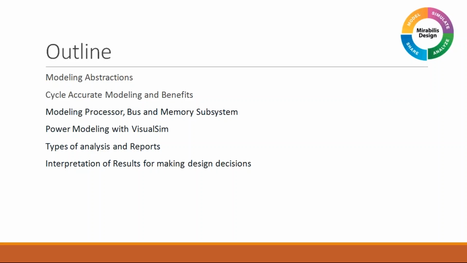For example, trying to understand what is the power consumption of my proposed system architecture. How can I reduce the power consumption? What would be the right power gating algorithm? Or it could be the selection of a processor or a bus or memory subsystems and things like that.